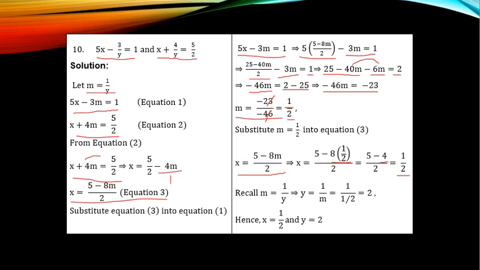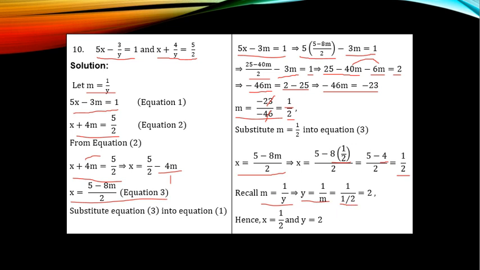But we need y. Y is the unknown variable in the original equation. Because we cannot solve it directly, we have to introduce m to help us proceed with the solution. Recall that m is equal to 1 over y. If you make y the subject, y is equal to 1 over m. This is the value of m now, 1 over 2.